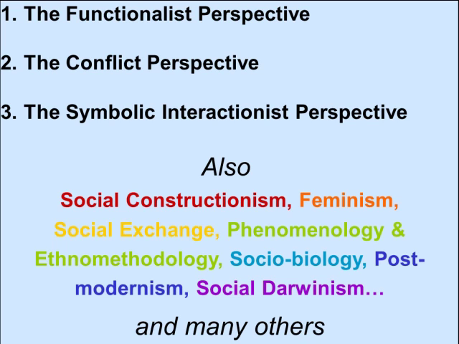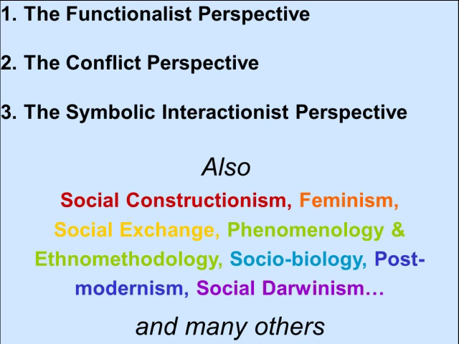Please note that sociology is not limited just to 3 theories, of course. There are many other theories, such as social constructionism, feminism, social exchange, phenomenology and ethnomethodology, sociobiology, postmodernism, social Darwinism, and some others. We'll briefly mention them in this course, but most of the time we'll be focusing on those 3.